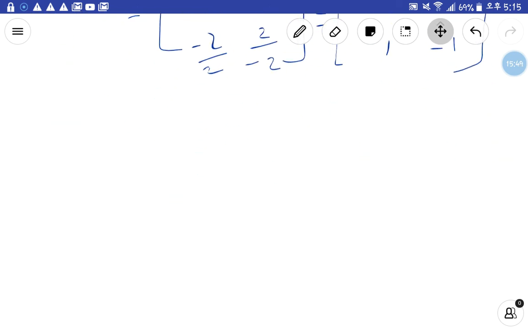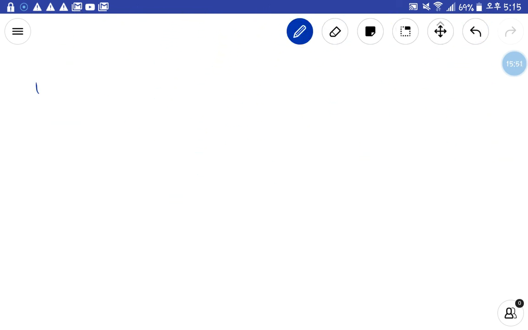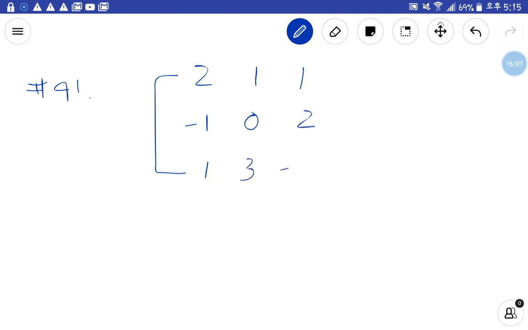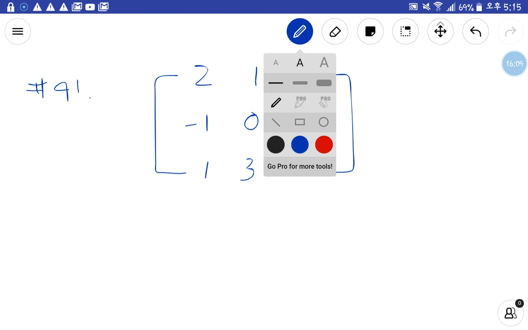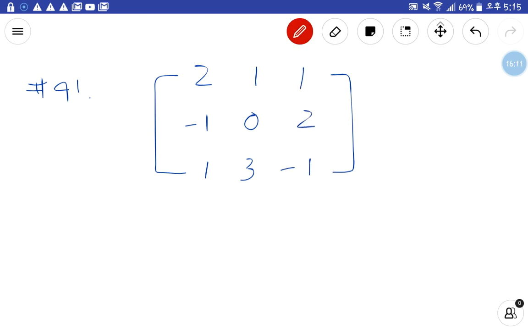Alright, now number 41. We have 2, 1, 1, -1, 0, 2, 1, 3, -1. So please use the form that I introduced to you first, right? We always start from the top left and go to the right. That will be positive.